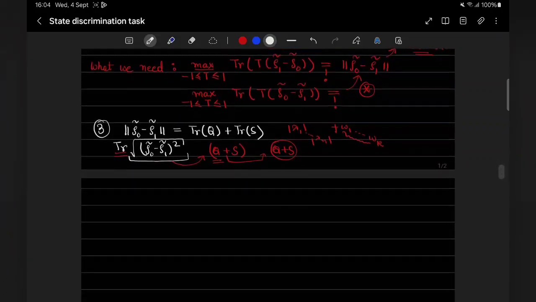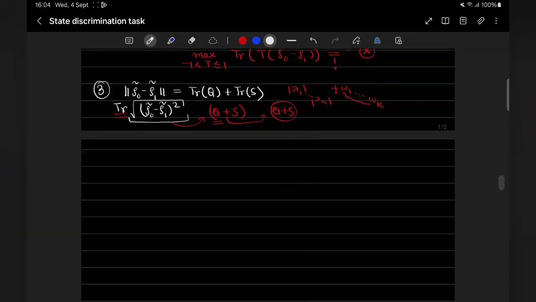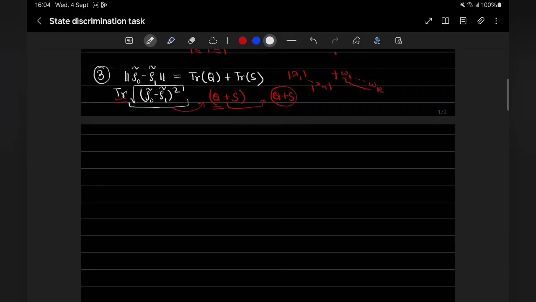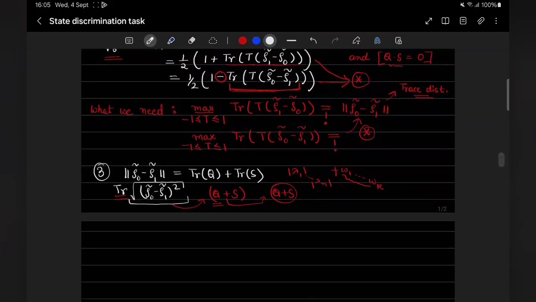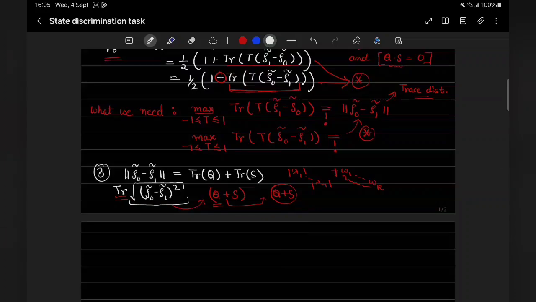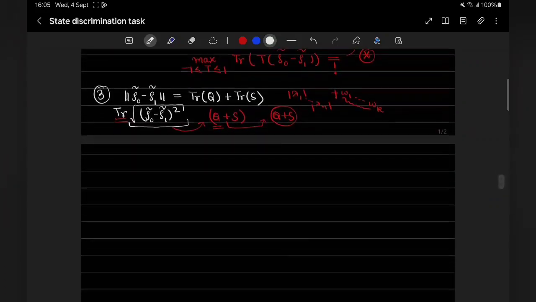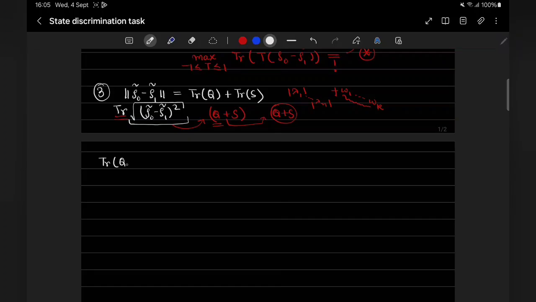And now the next step will be to take the expression that we have here, trace Q plus trace S, and simplify it. So trace Q plus trace S, we will write it in a better form. So for this, notice that trace of rho 0 tilde minus rho 1 tilde is equal to P0 minus P1.